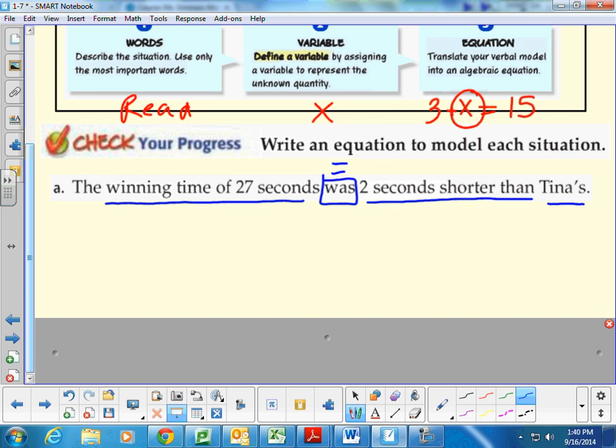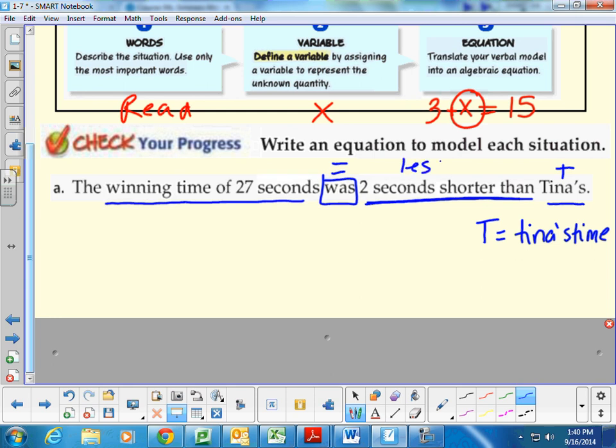Do I know Tina's time? No, I don't. So that's going to be defining my variable. So I decide that T is what I don't know, which represents Tina's time. Lots of T's involved there. Tina's time. What I do know about Tina's time is that it was 2 seconds shorter than. Shorter than sounds like less.